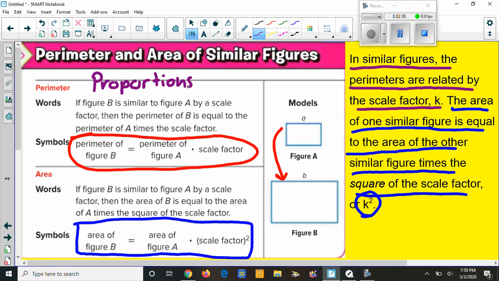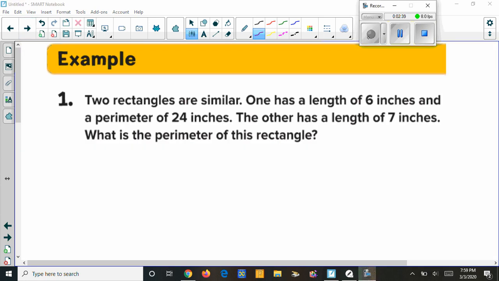Let's look at example 1. Example 1 says two rectangles are similar. One has a length of 6 inches and a perimeter of 24 inches.